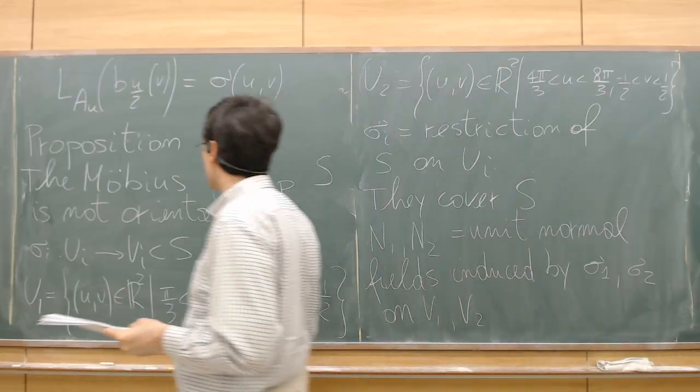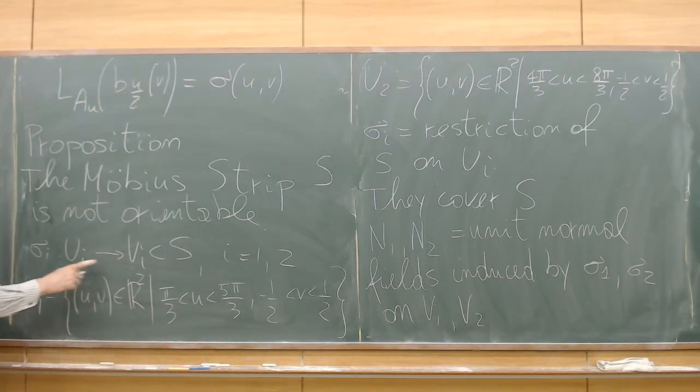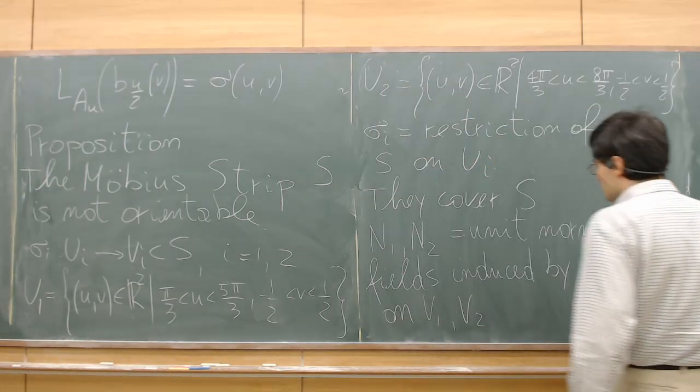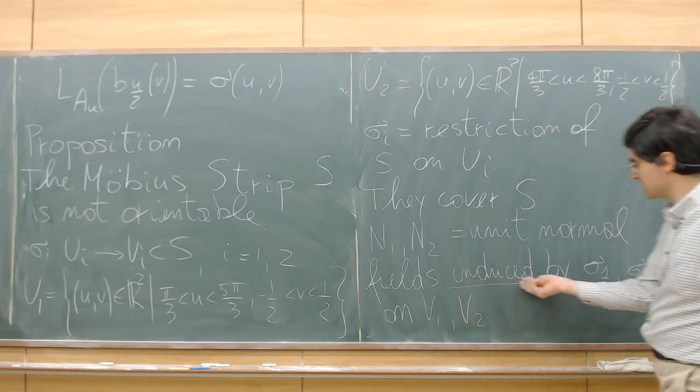V1 and V2 are the images of U1 and U2 by sigma 1, sigma 2. What is the meaning of this expression?